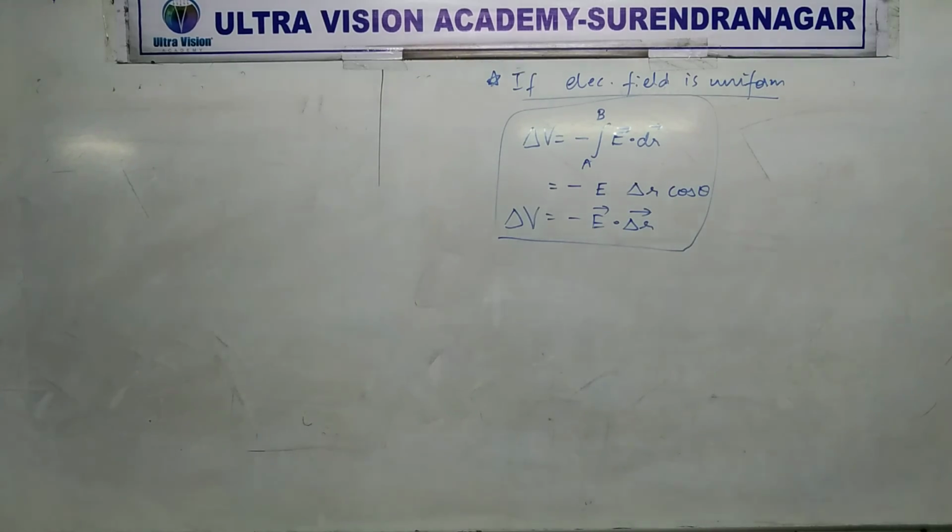Electric potential and potential gradient. Potential gradient means dV by dr. Electric field assumes the relation of potential with electric field.